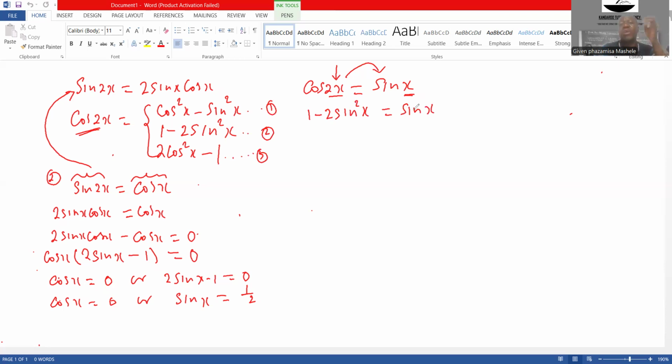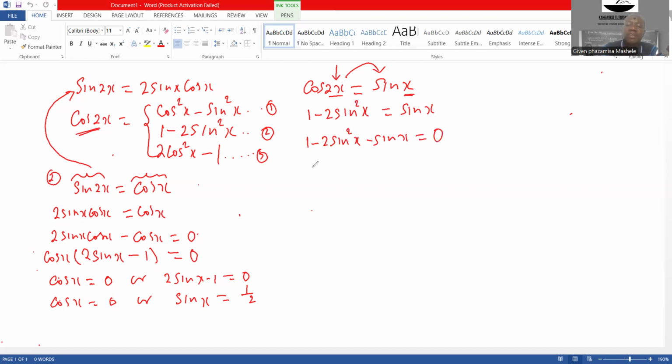So we can transpose the expression on the right to the left and write this in standard form. We have 1 minus 2 sine squared x minus sine x equals 0.